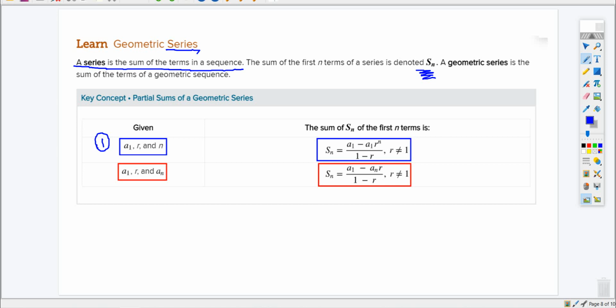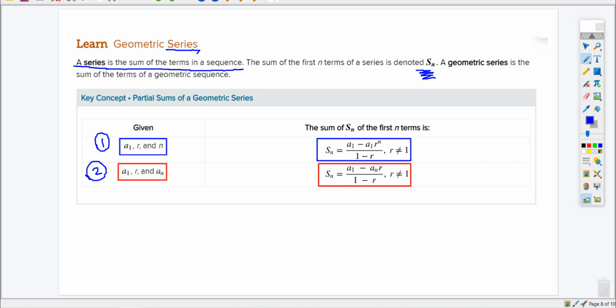That is something else, not related to a geometric sequence at all. Or if you are given again A1, r, looks like we have to know A1 and r all the time, but instead of n, the nth term an, similar, but A1 minus an times r over 1 minus r is going to give you the sum of the terms.